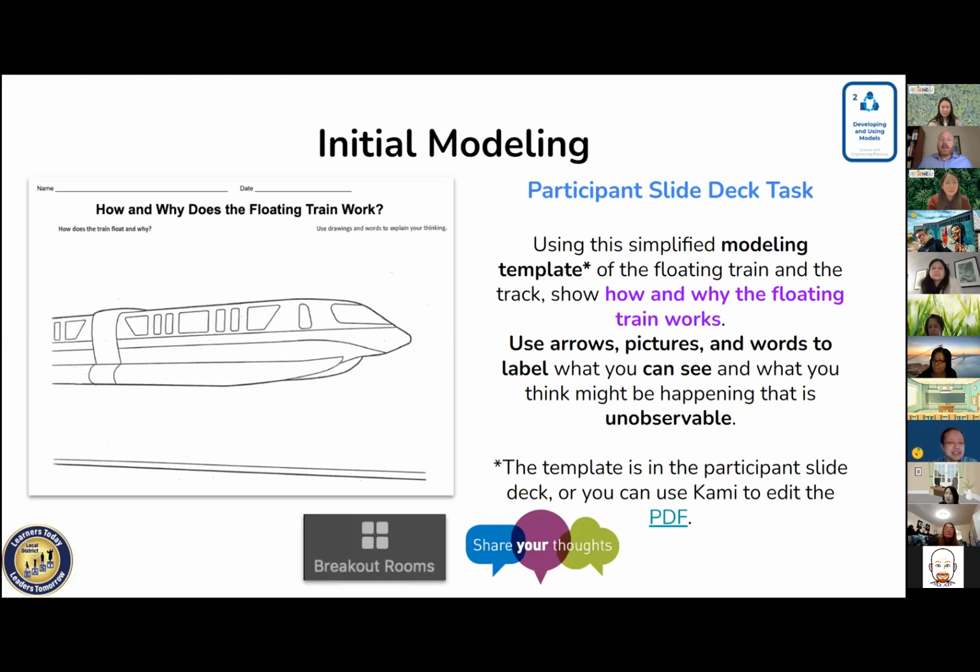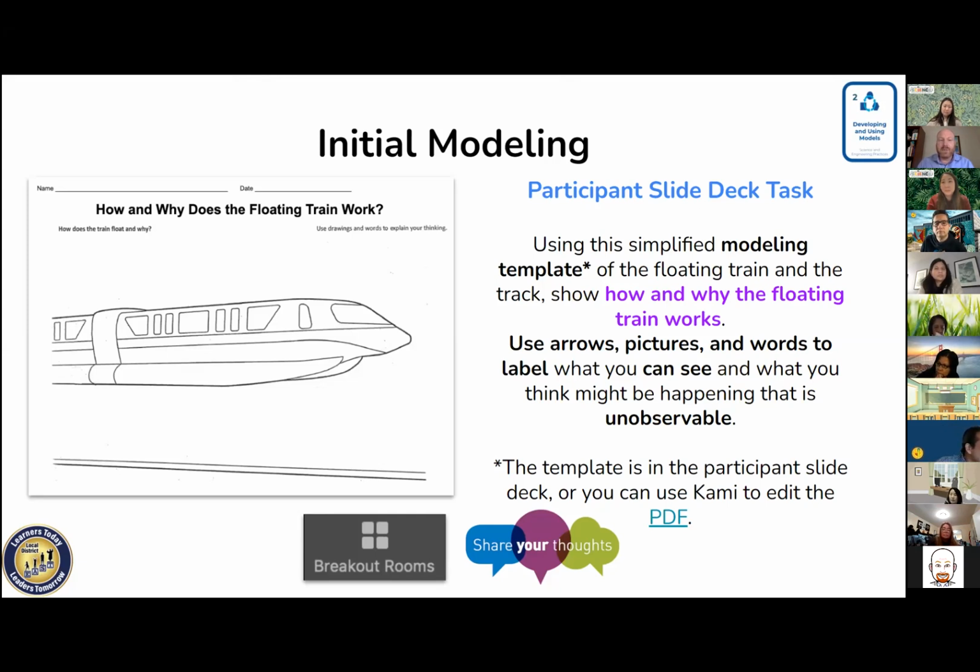Okay, welcome back. So we know we didn't give you enough time, especially with the digital tools, to do a lot of drawing and modeling. But hopefully you were able to get something done with thinking through, talking together, collaborating, getting some ideas onto the digital paper there.